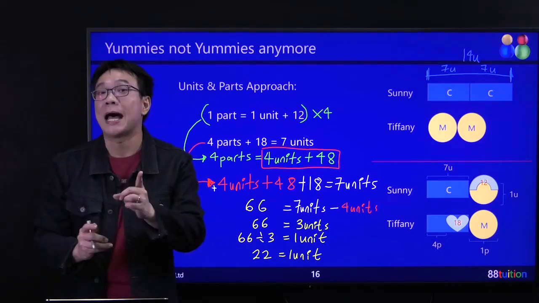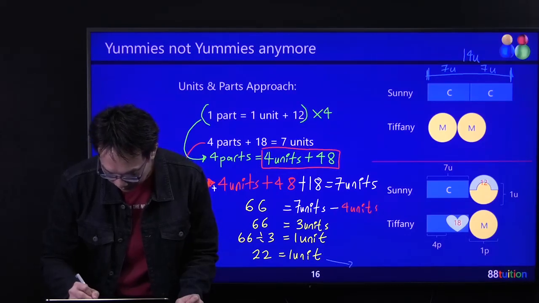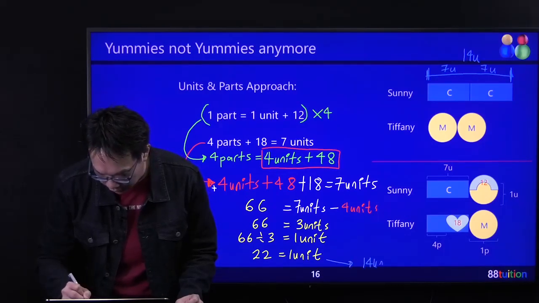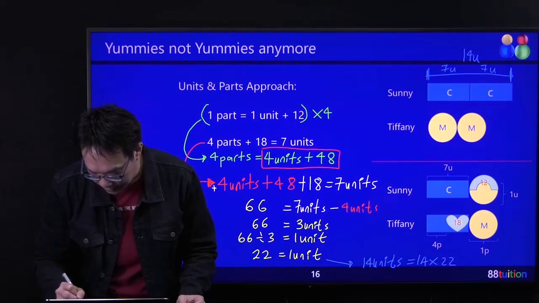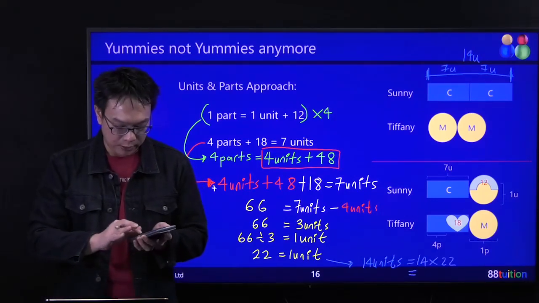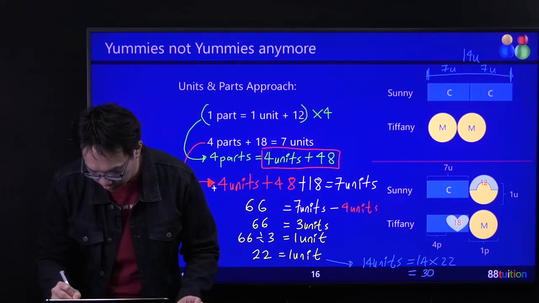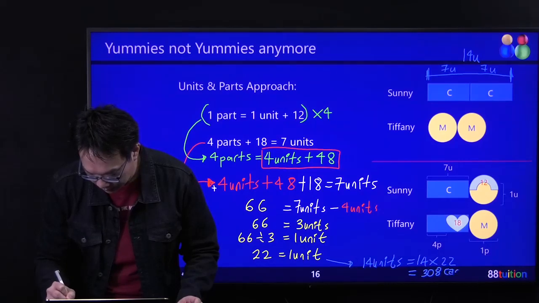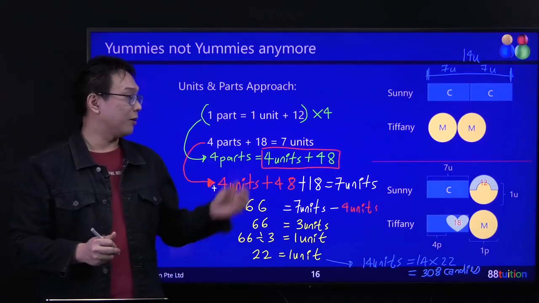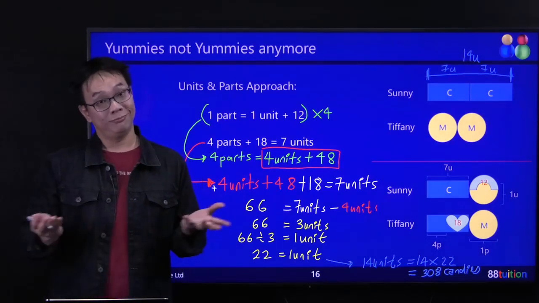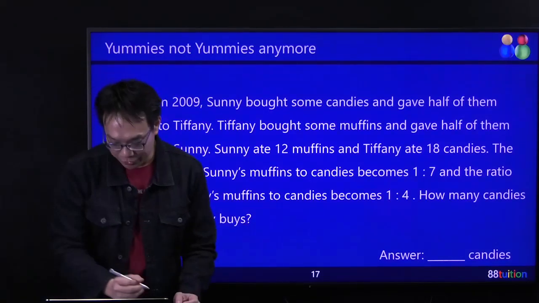We are looking for Sunny at the beginning, so you have to find 14 units. 14 units is simply 14 times 22. 14 times 22, the answer will be 308. 308 candies. Is it the same answer as just now? Yes, it is. So this is called the units and parts approach. At the moment, you can lock in your answer as 308.